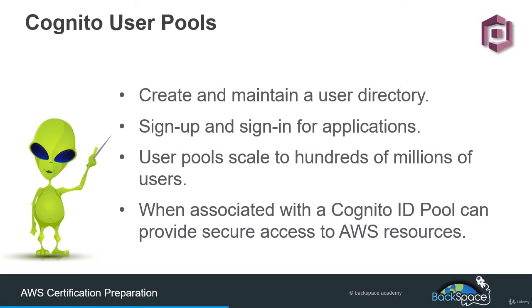Now, when that Cognito user pool is associated with a Cognito ID or federated ID pool, then that can be used to provide secure access through federated credentials to our AWS resources that have been defined in an IAM role.